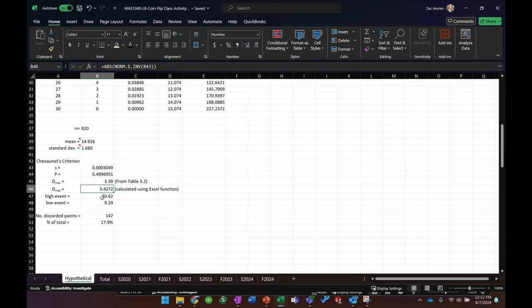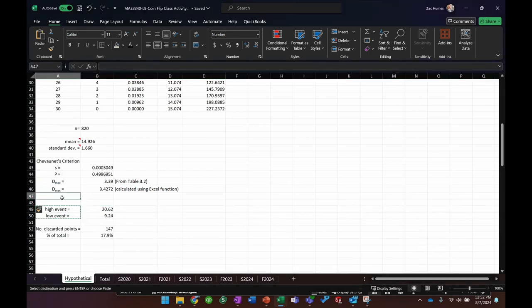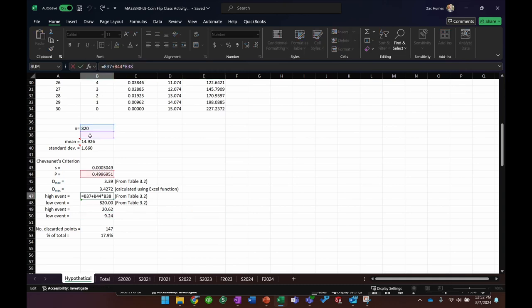So then let's add in here a couple more. And so now with the same equation, Control C, Control V is what I'm doing. So let's move these around and make sure we've got them looking at the right values. Okay, so let's adjust our equations here. So we've got our mean plus our Dmax from the table times our standard deviation.